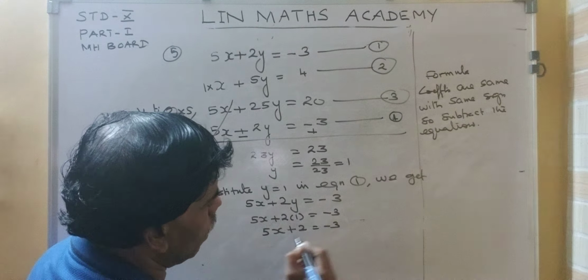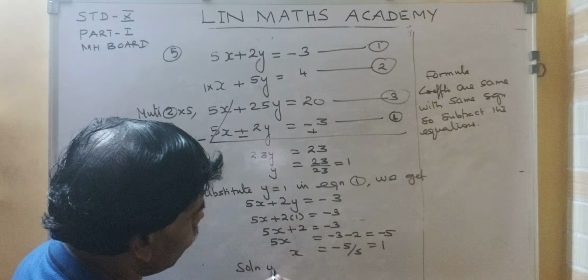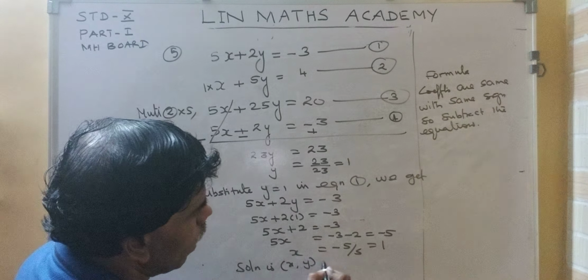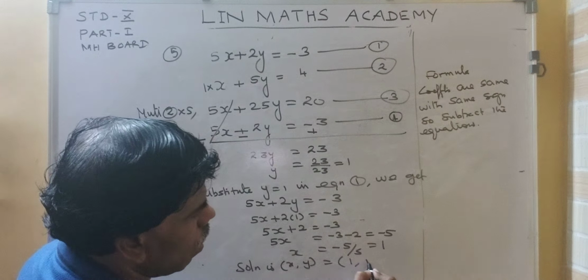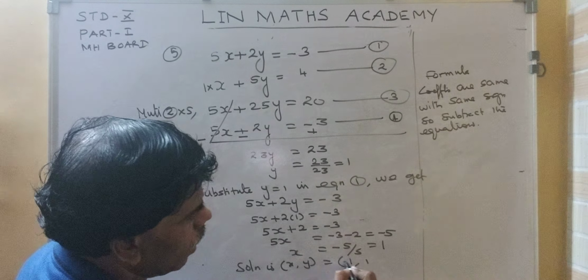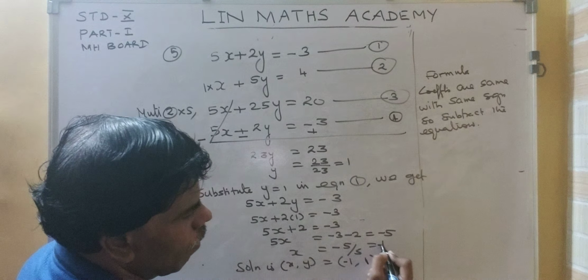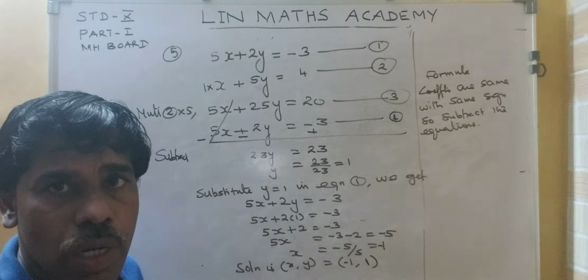So, 5x equal to minus 3 minus 2 gives minus 5. So, x equal to minus 5 upon 5 equal to minus 1. So, solution is x comma y equal to minus 1 comma 1. Understood or not? Yes. Please note down.